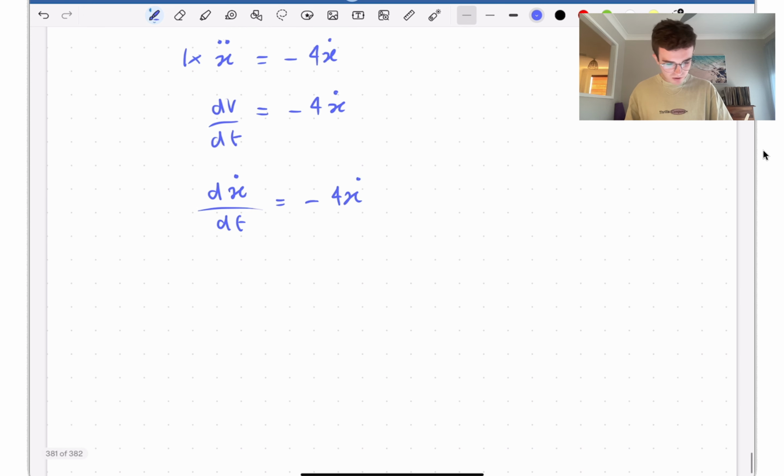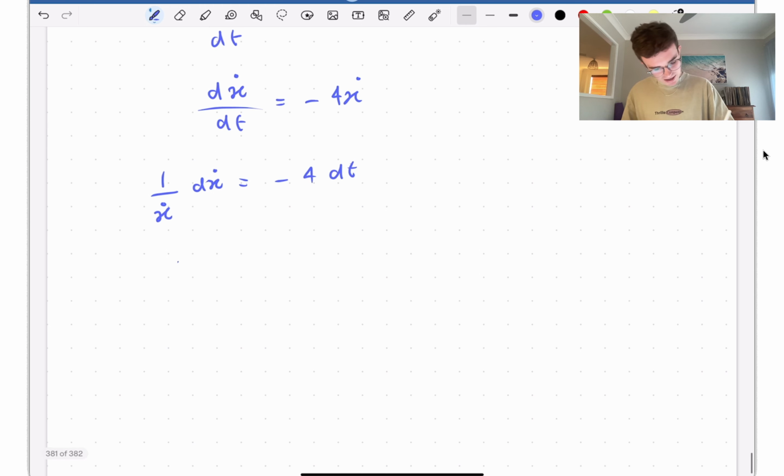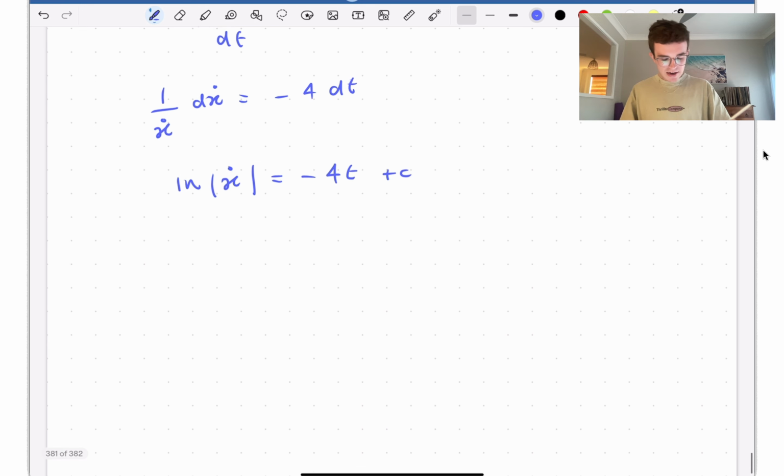Okay, there's a couple of ways we can do this. I'm going to do it the way we did it in the previous video. So 1 on x dot, d(x dot), is equal to minus 4 dt. Integrate both sides, we get ln of x dot is equal to minus 4t plus c. Now we know that when time is 0, we've already proven in the previous part that its initial velocity in the x direction was 20 root 3.